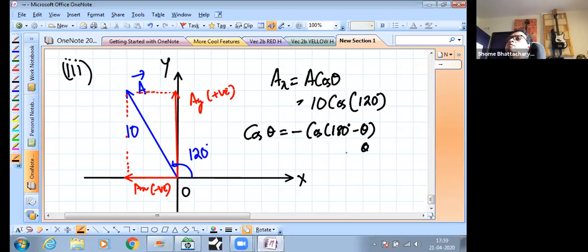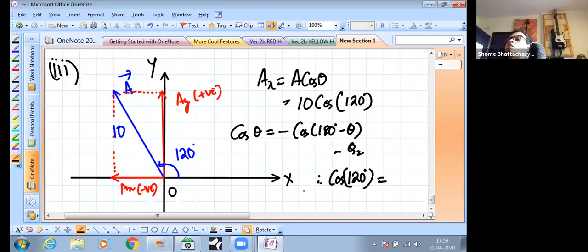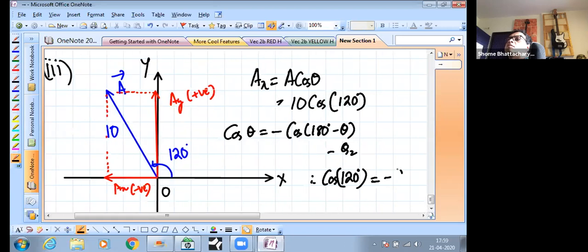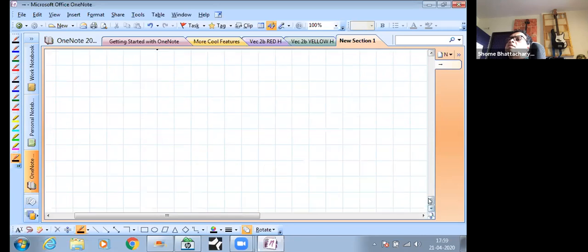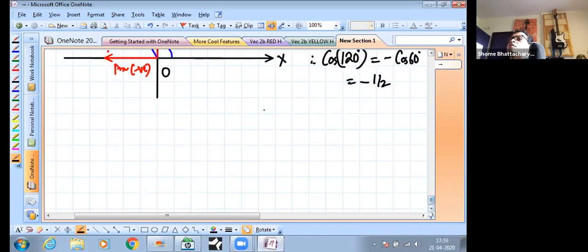This is for my quadrant 2. So further, cos 120 degrees will become minus cos 60, that is minus half. So that is why your Ax will become minus 5.